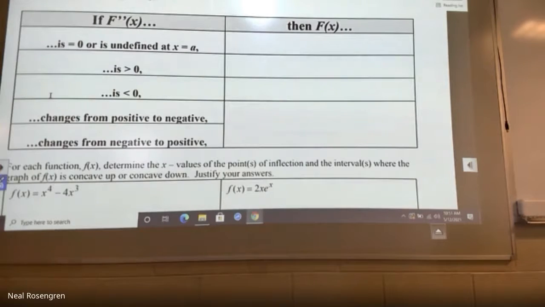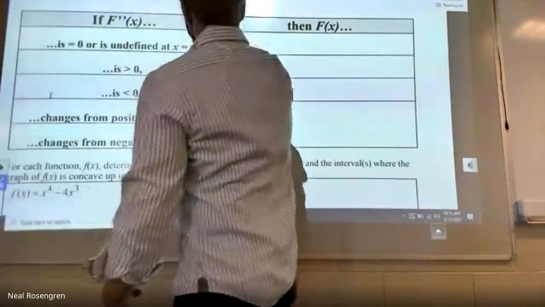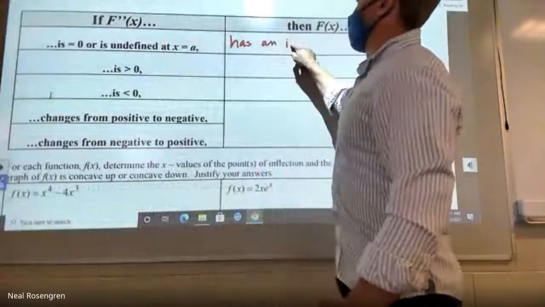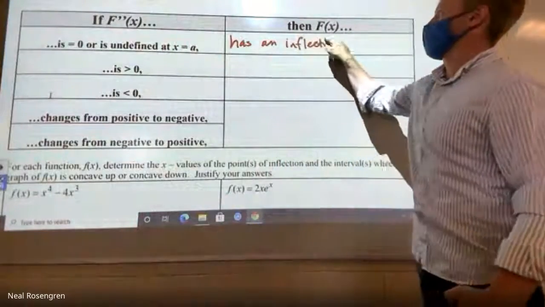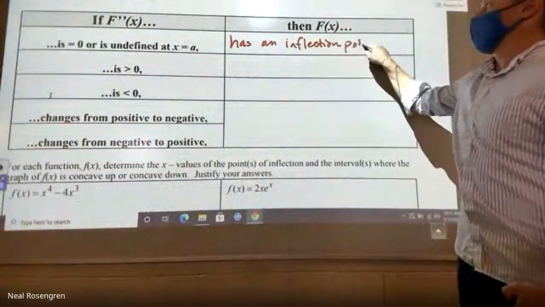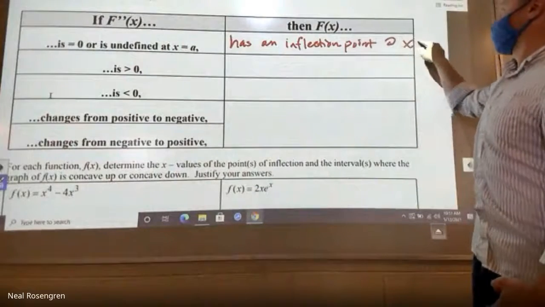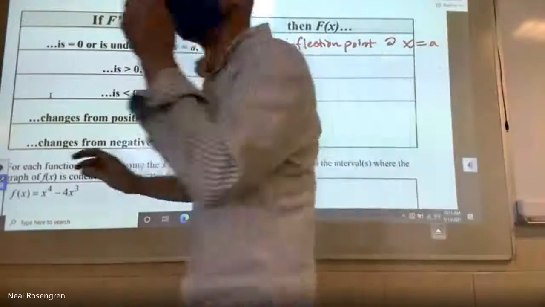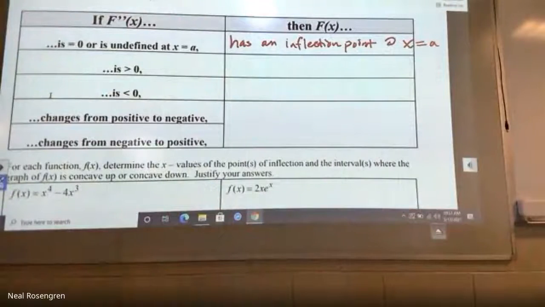An inflection point. f of x has an inflection point, and this is at x equals a, right? It's actually at a point itself. And just like with critical numbers, it only tells us about that one spot. I don't really know whether it's going from concave up to concave down or concave down to concave up, but something's going to happen there.